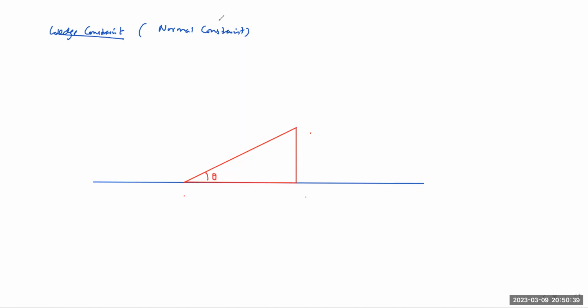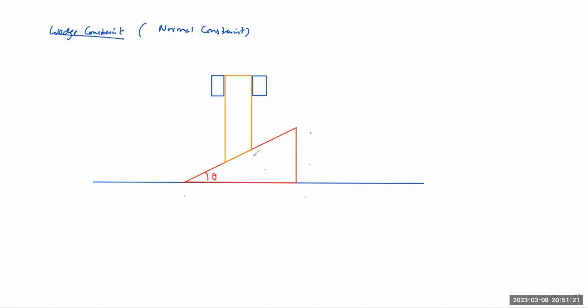There is a vertical rod, and there is a support which will prevent it from falling left or right. And the support is frictionless, so there is no friction at all.